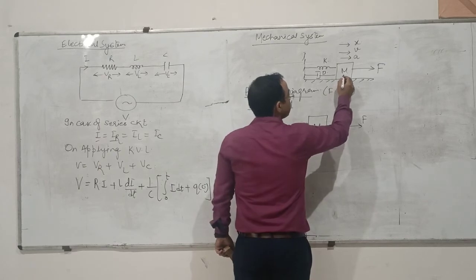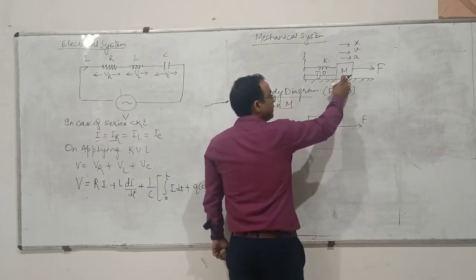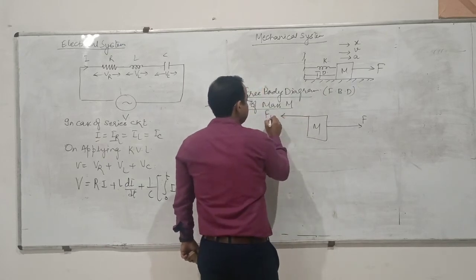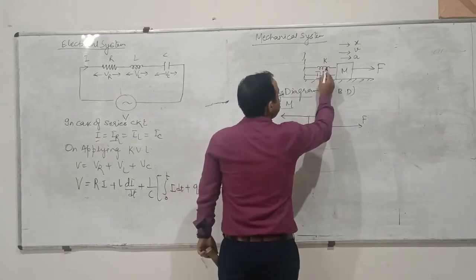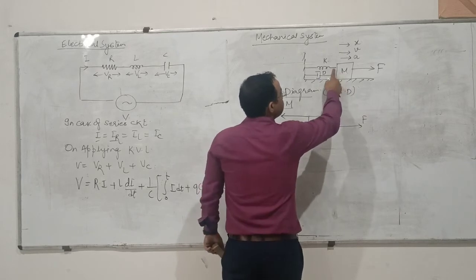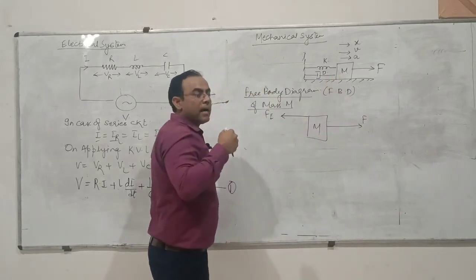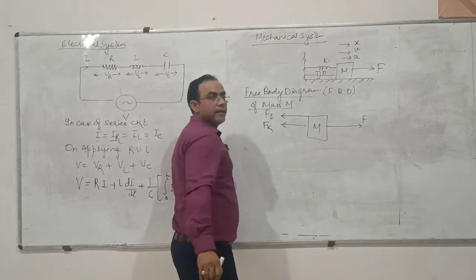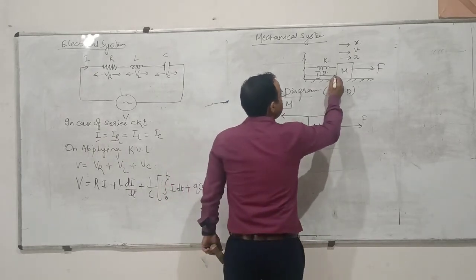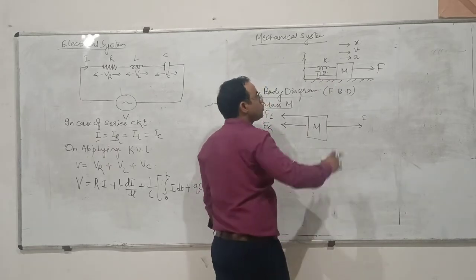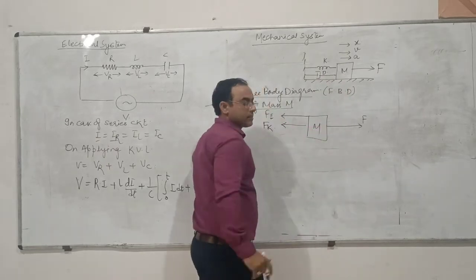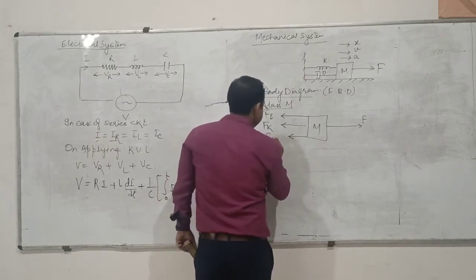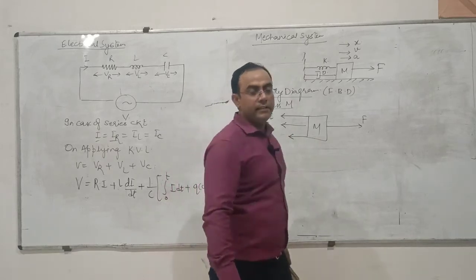The first force is resisting from the inertia, so it can be written as Fi. Here the spring can resist the motion of the mass M, so here Fk, and also the damping force can resist the motion of the mass M. So for damper, here we write it as Fb.